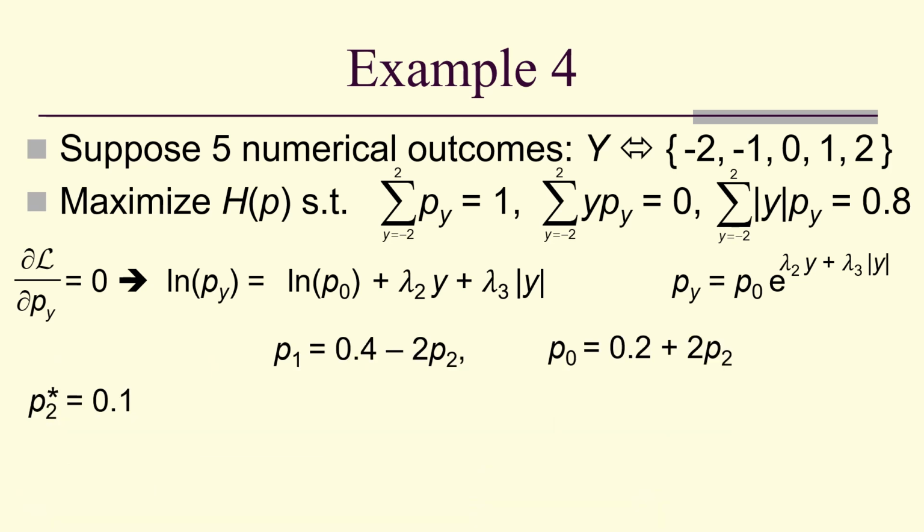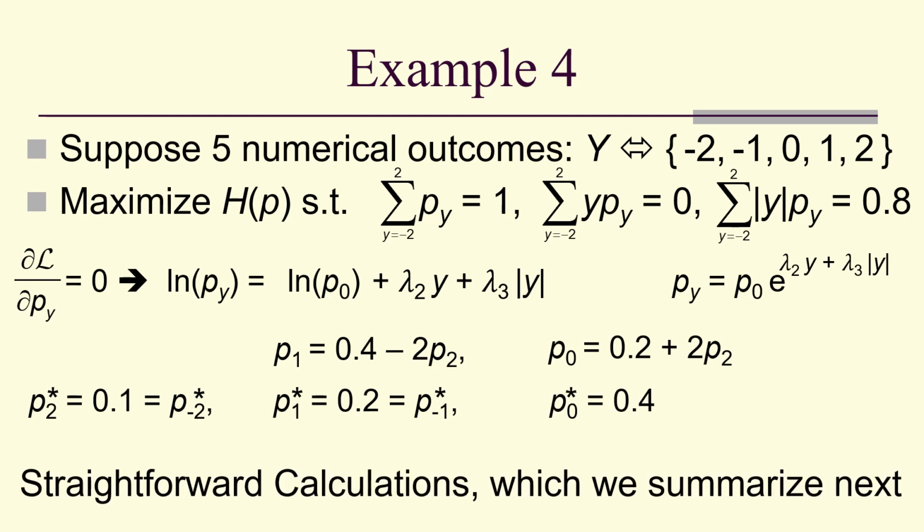So we have p2 is 0.1, and that's the same as p negative 2, and p1 is 0.2, and that's the same as p negative 1, and p naught is 0.4. So these are straightforward calculations, and let's take all this that we've been doing and let's summarize it.